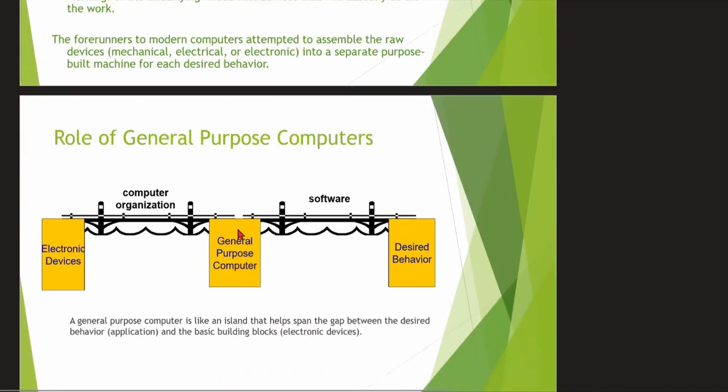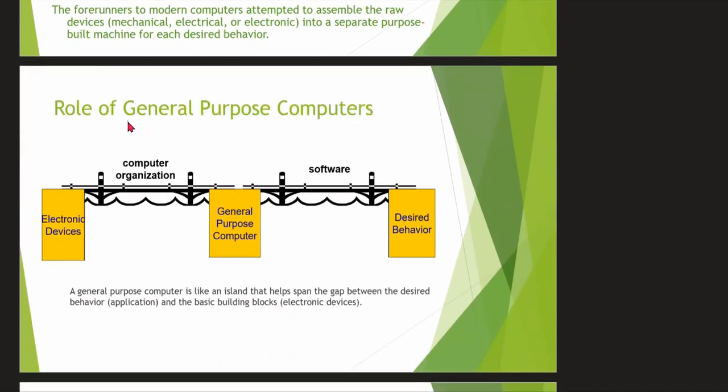So that organization part that we are doing is going to give us general purpose computing. General purpose computing means we have a few desired behaviors that we want to replicate by using a system, and that system will be a general purpose computer.